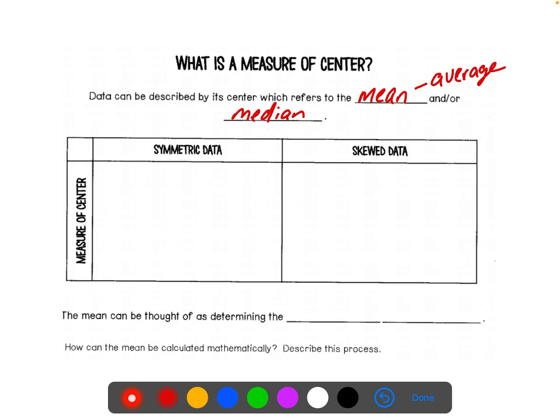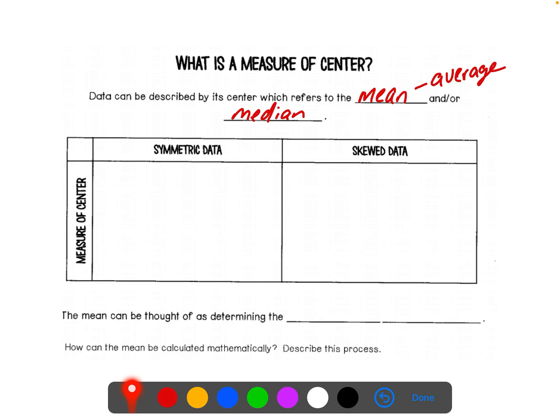We're talking about mean. If you're talking about someone's average sports stats, we would be talking about the mean, and that's why these two words are kind of interchangeable here. We're also going to talk about median. And first, we're going to separate or differentiate between the two of those.